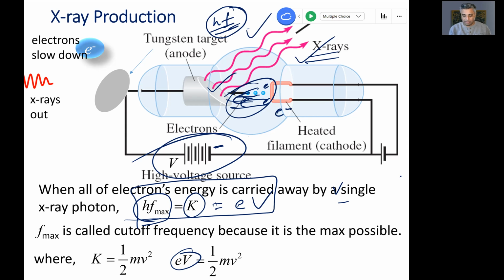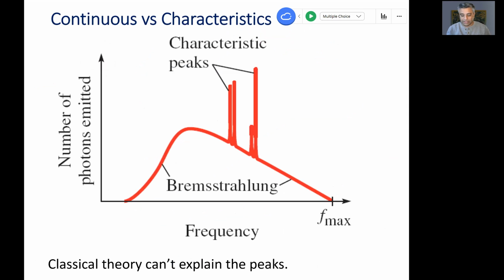That's how this equation is related. That means frequency depends on the potential difference. Okay. So now, that means if you keep on increasing the potential, what happens? You expect to get higher and higher frequency X-rays, right? Okay, so far so good. We are not using any fancy physics here so far.